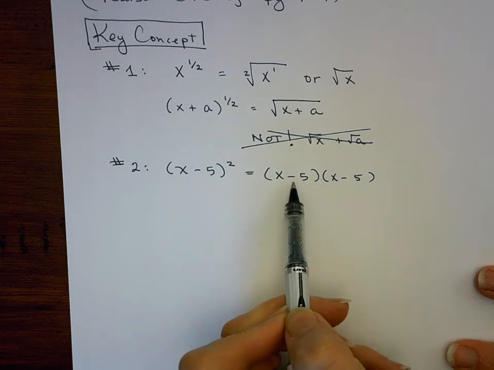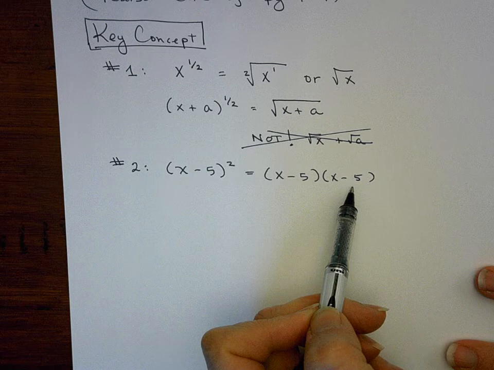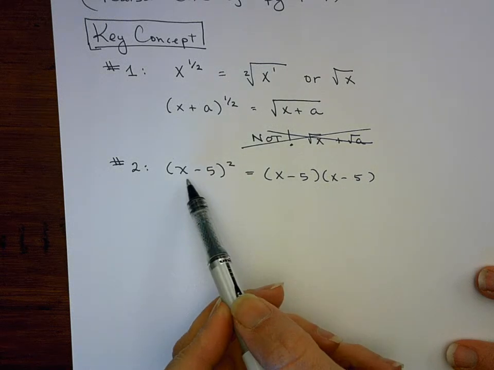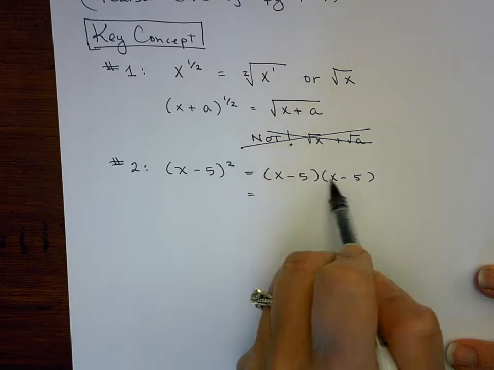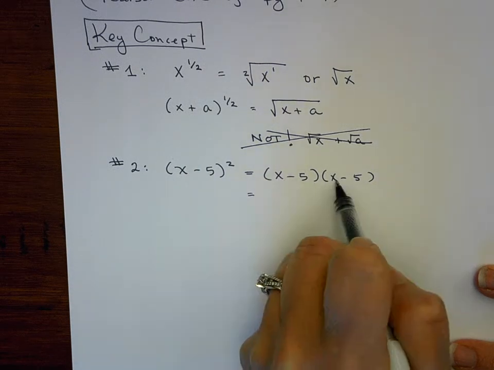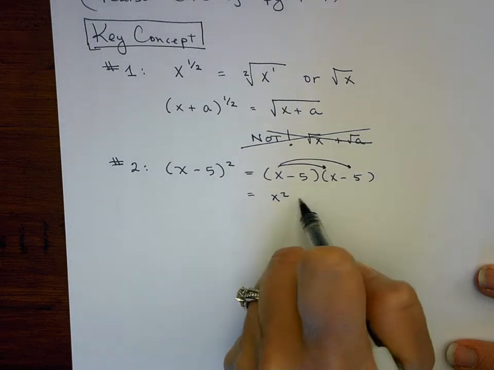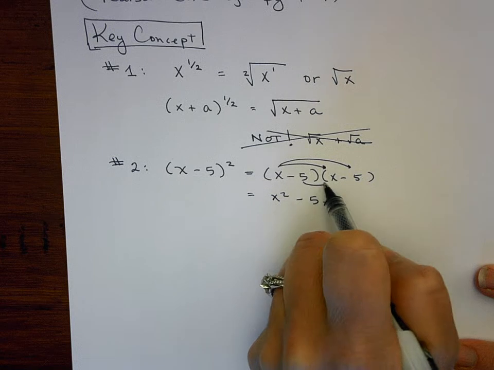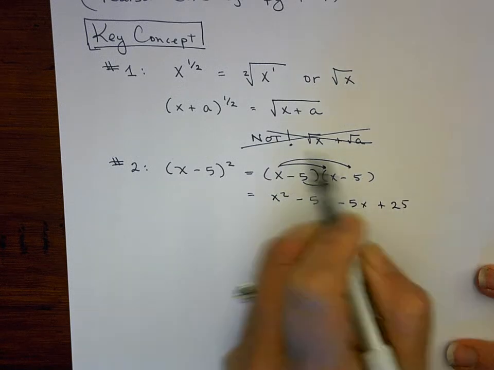I see some of us try to write x minus 5 and x plus 5, make them opposites, or conjugates, but they're not. So we need to make sure that we write 2 of exactly the same. And then from there we distribute. So the x multiplies to both of these, so x multiplies to x, and also to the negative 5. And then negative 5 multiplies to both of these, and negative 5 times negative 5.